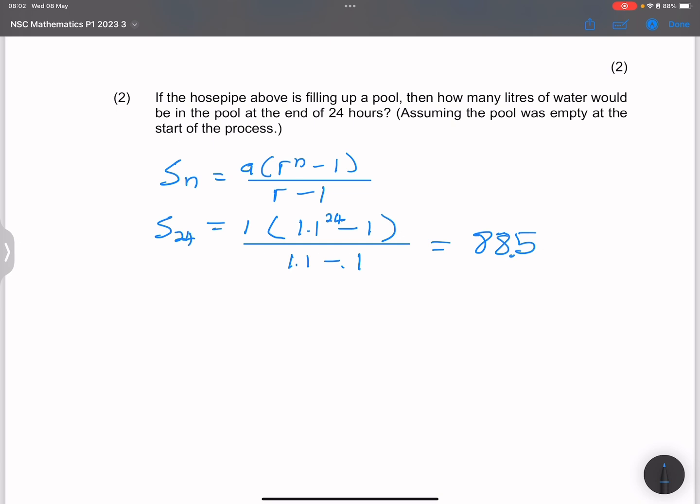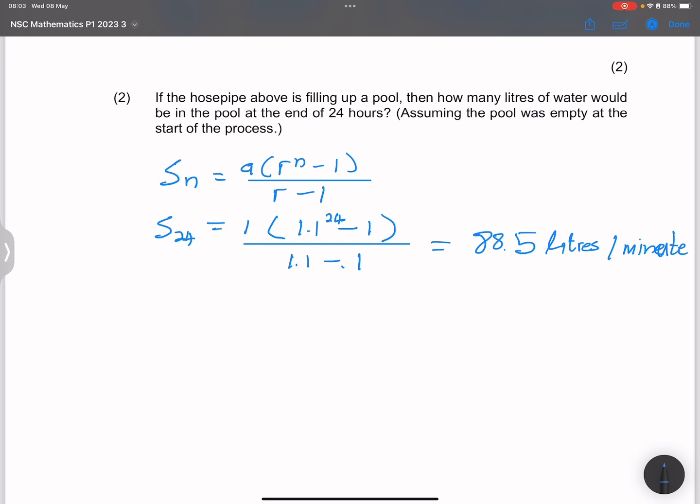But I want you to be really careful here, because remember the rate was per minute. So this is 88.5 liters per minute. If I wanted to find out in hours, how many minutes are there in an hour?